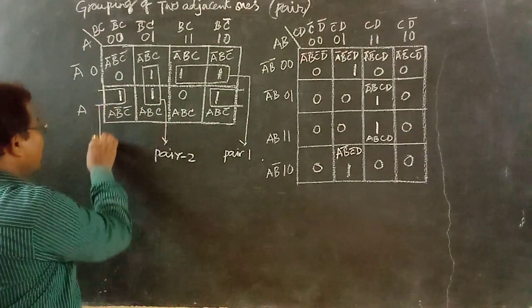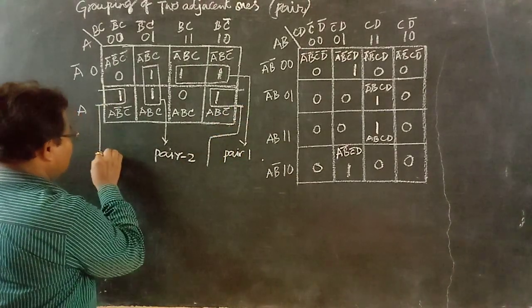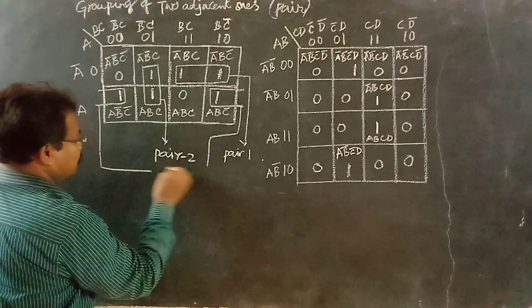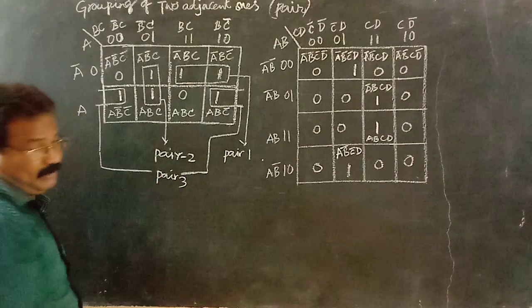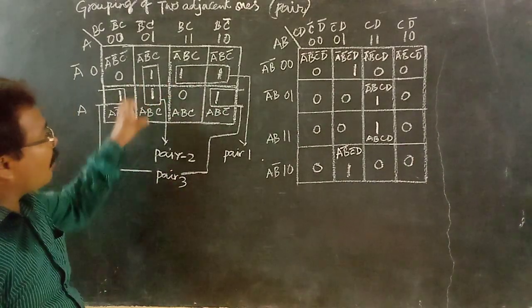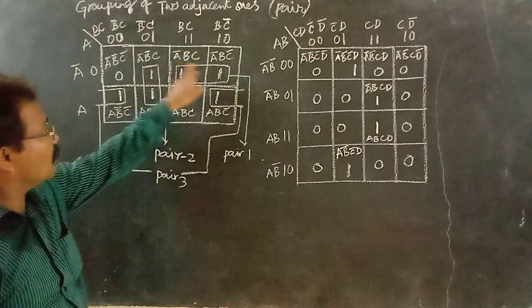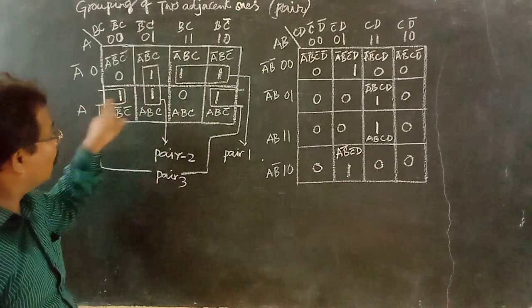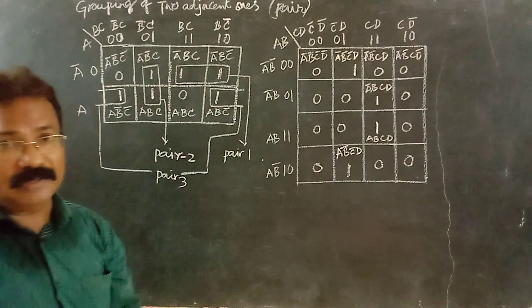So this can be considered as pair 3. So here in this K-map it consists of 3 pairs. Pair 1, pair 2, pair 3. This is a horizontal grouping, vertical grouping, and the leftmost cell and the rightmost cell can be grouped together.